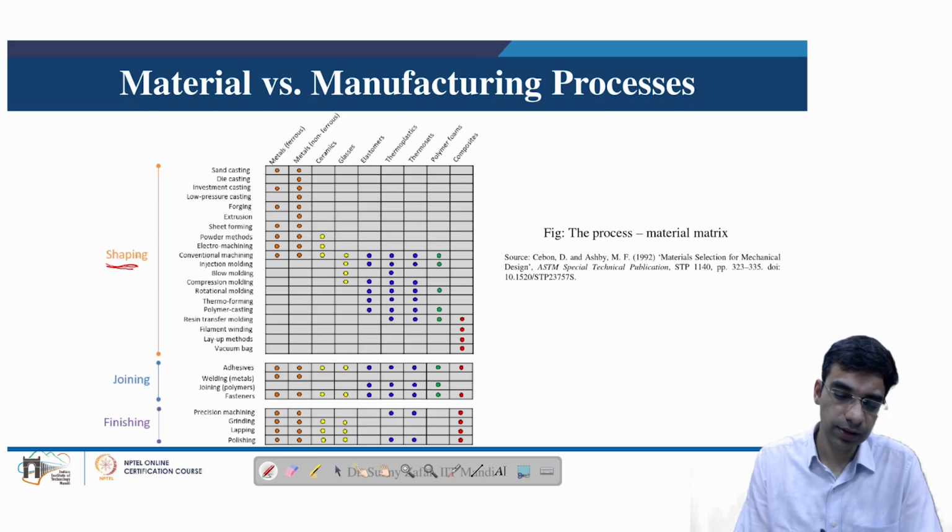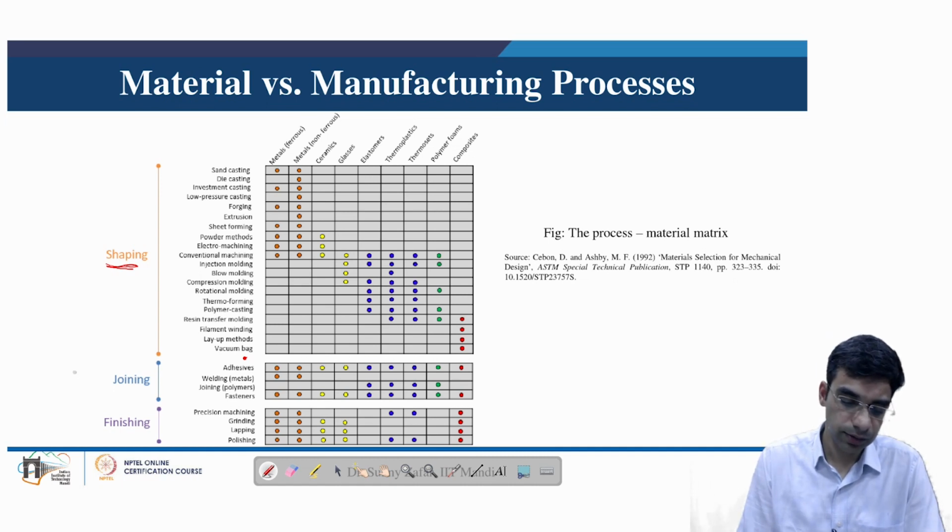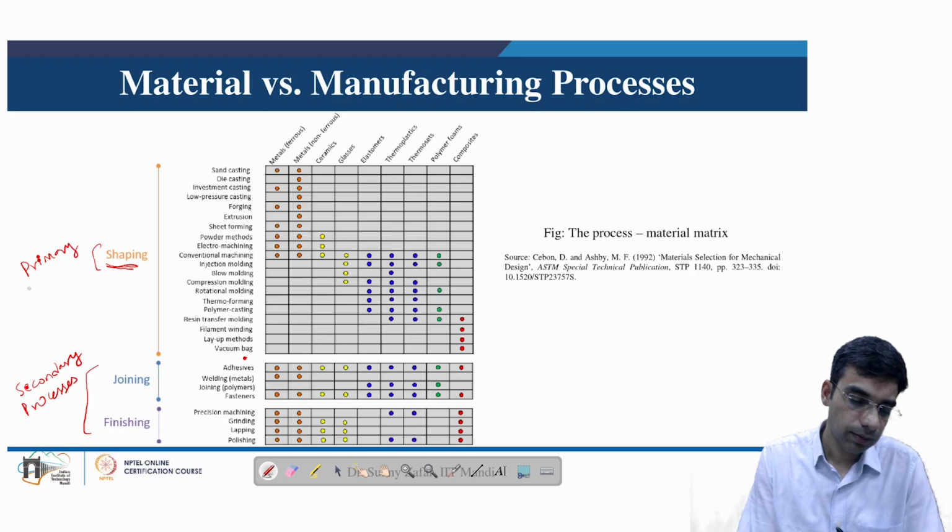So all the shaping processes are shown here, which start from sand casting and go up to, say, vacuum bagging. Then we have certain other secondary processes. So the joining and finishing come in the secondary processes. Shaping, as we have discussed, is a primary manufacturing process.